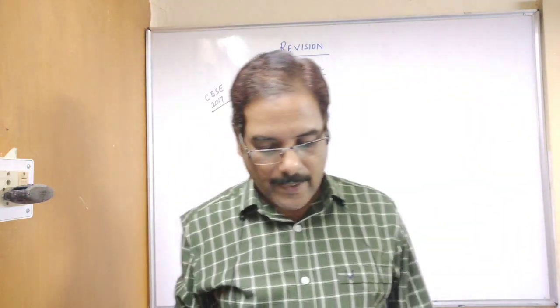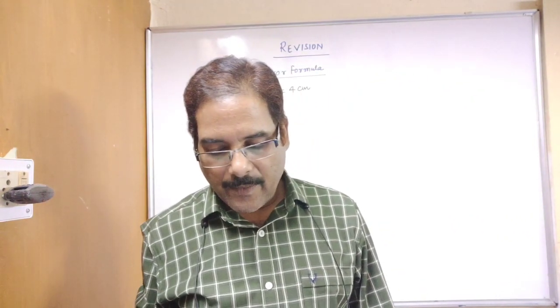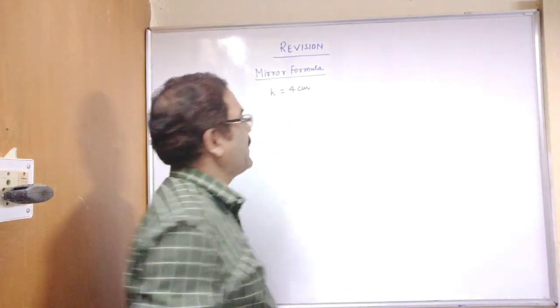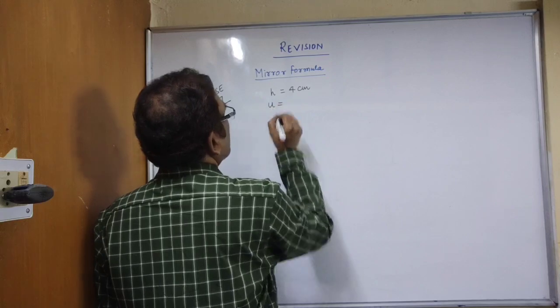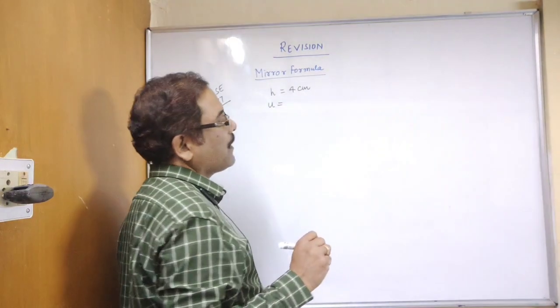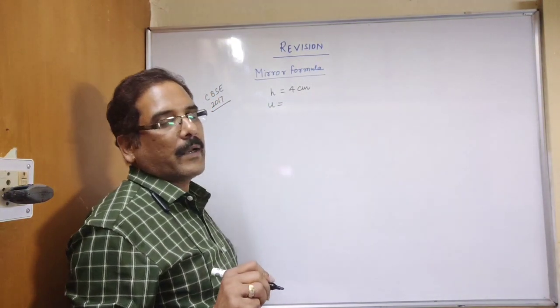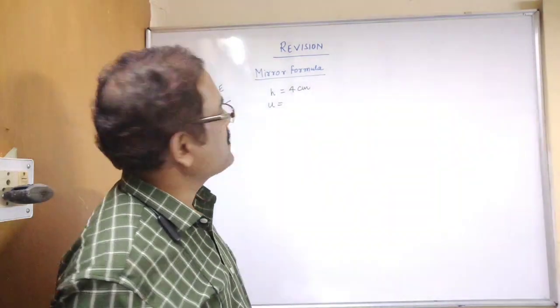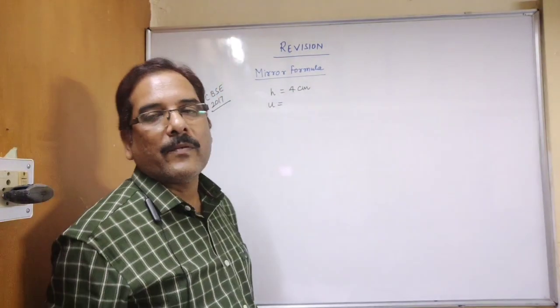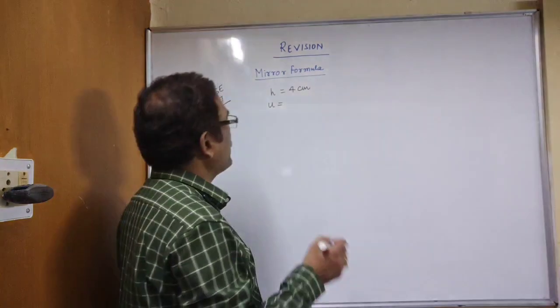You can also write ho. It is placed at 15 centimeter in front of a concave mirror. So the object is placed at a distance of 15 centimeter, and just remember, in sign convention we have discussed that object distance is always negative whether the mirror is concave or convex.